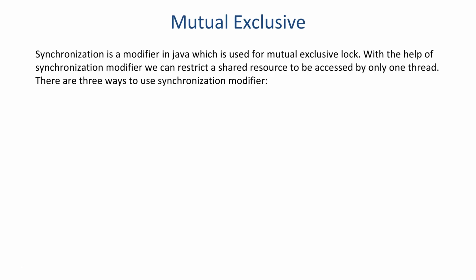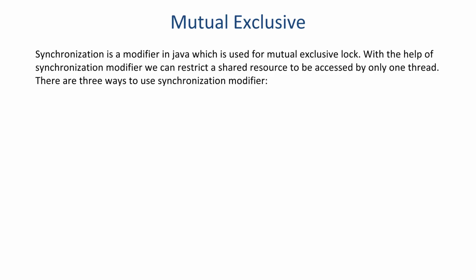So, mutual exclusion. Synchronization is a modifier in Java which is used for mutual exclusion locks. With the help of the synchronized modifier, we can restrict a shared resource to be accessed by only one thread.